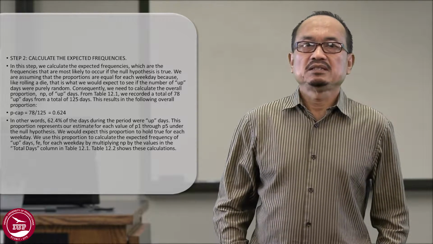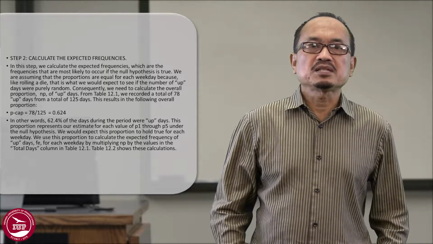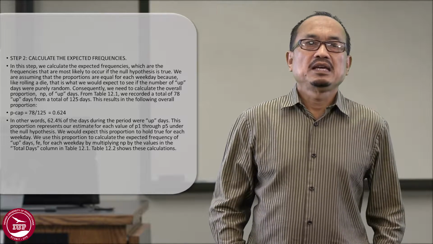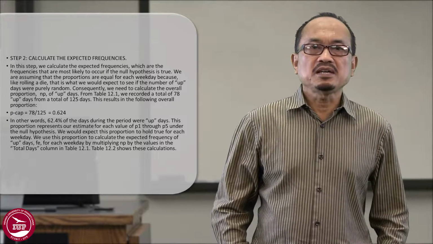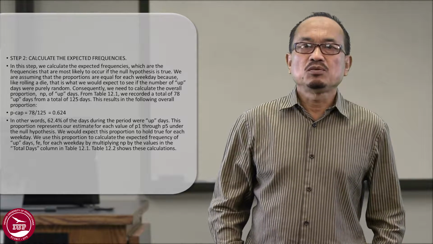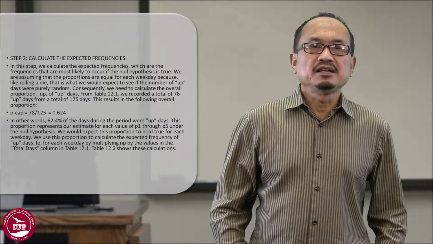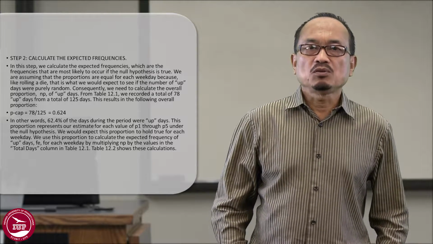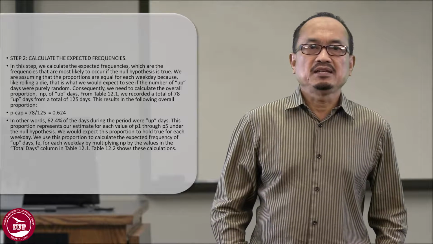In other words, 62.4% of the days during the period were up days. This proportion represents our estimate for each value of P1 through P5 under the null hypothesis. We would expect this proportion to hold true for each weekday.